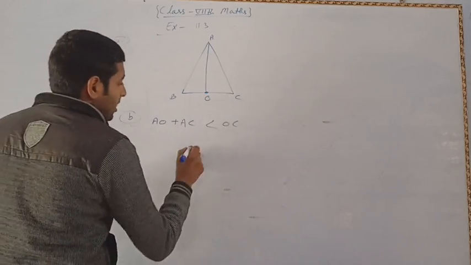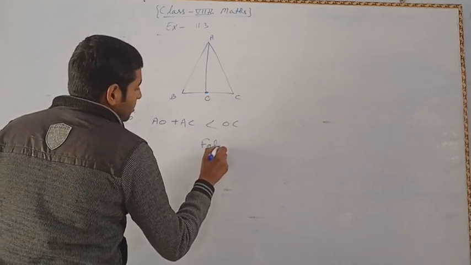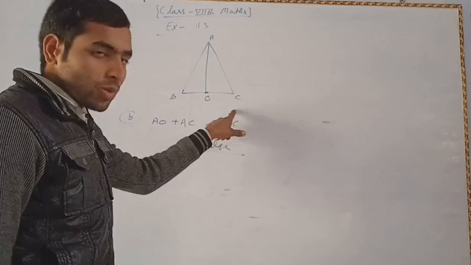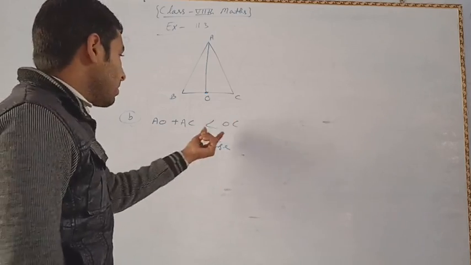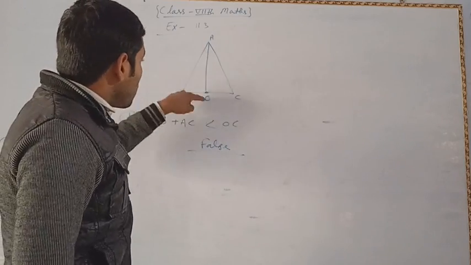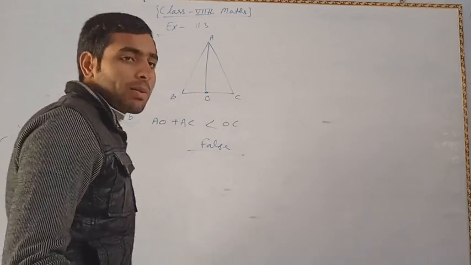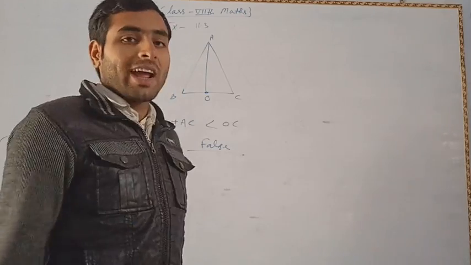So this statement is false, because AO plus AC is not less than OC, because of the inequality property of triangle.